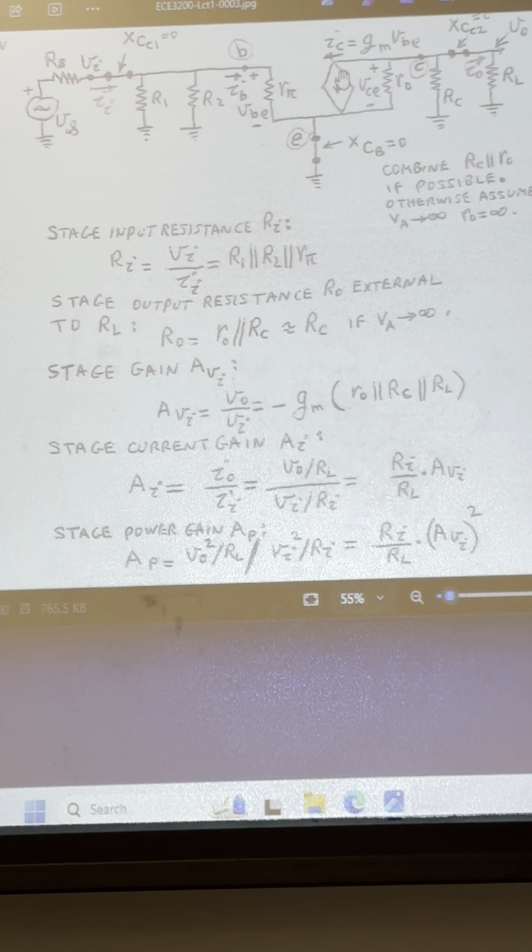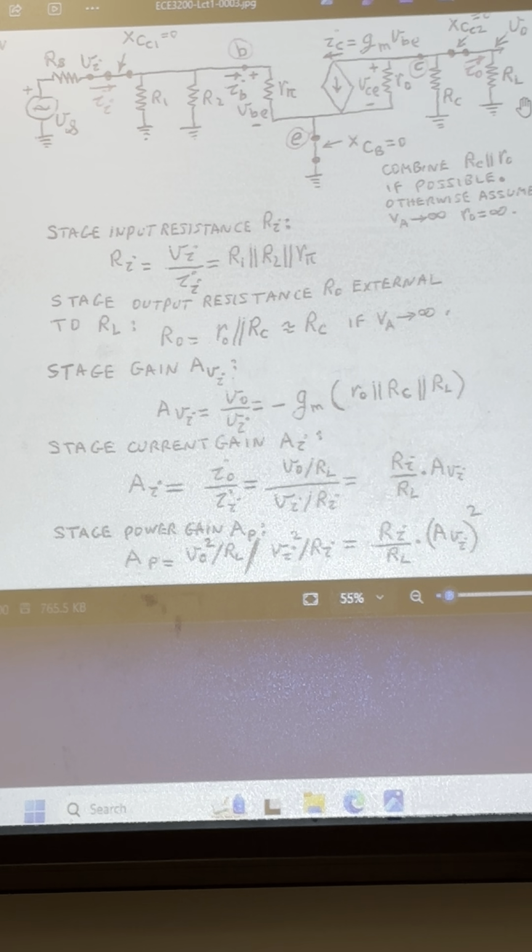So you multiply that current by the parallel combination of RC and RL to get the VO. Because on the output side, if you notice, you have RL, the shorts, then you have RC, and then you have a current source in here to the ground. And this is IC, going in the opposite direction. This is the VO.